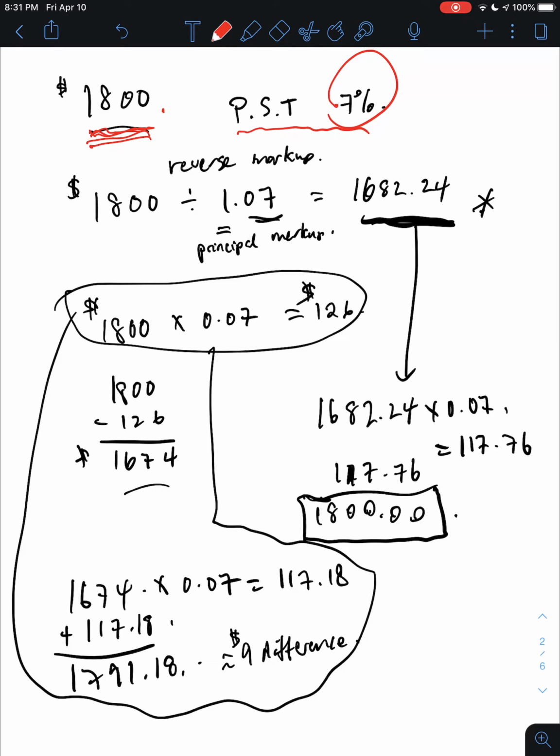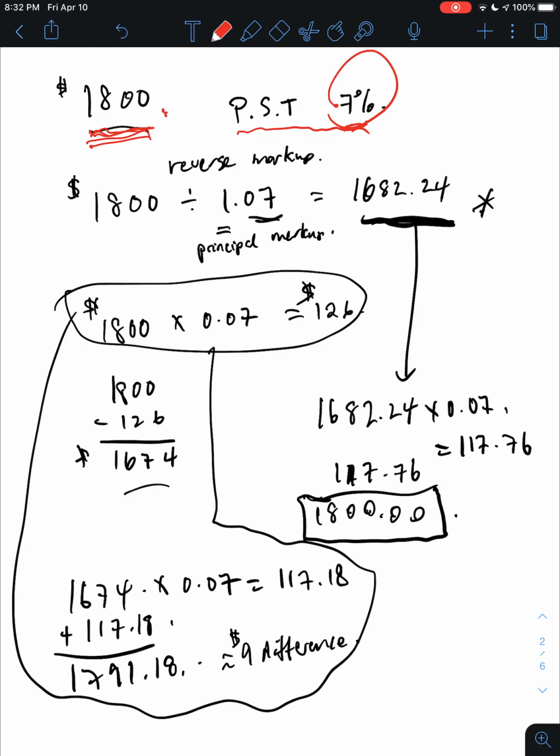I was a poor student at the time. So I said, that's just my final offer, $1,800. And they said, all right, we will charge you an amount that with the 7% tax makes the final cost to you $1,800. And I said, all right, that's fine with me. So how do we do that?